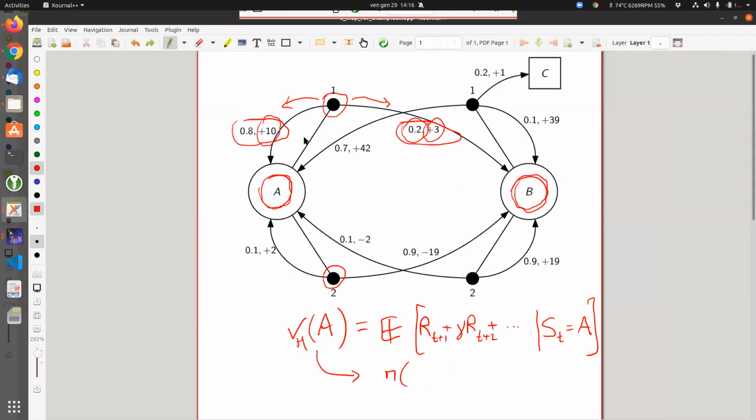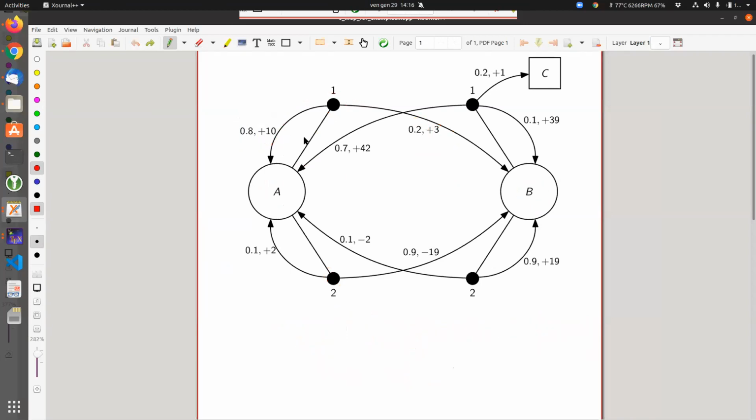Let's take everything away. With Monte Carlo estimates, instead of saying I'm here and I see what happens when I do action 1, meaning that I know the probability of getting 10 is 80% and the probability of getting 3 is 20%, this I don't know. So forget these numbers.